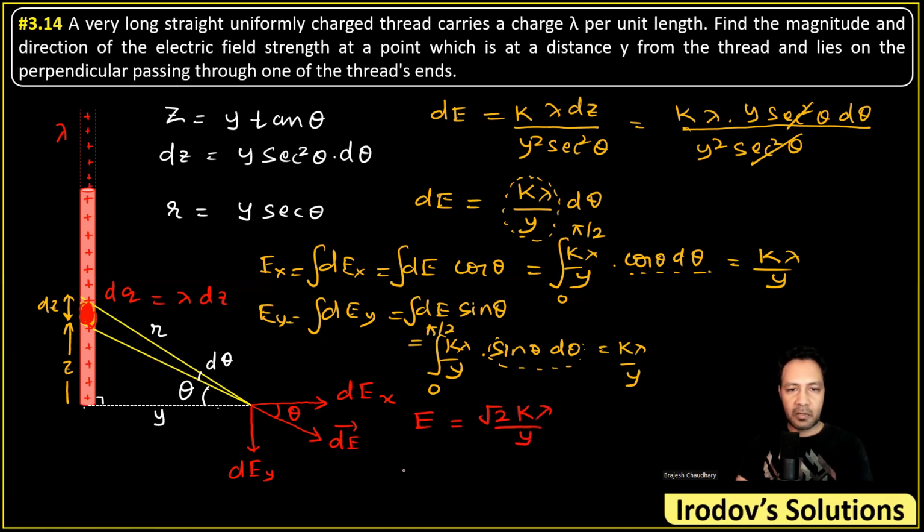And because both the x and y components are equal, this electric field would be like this, making an angle of 45 degrees from the x-axis and away from the wire. So I can say it makes an equal angle with the y-axis. That is the direction, and the magnitude we have already calculated. Thank you.